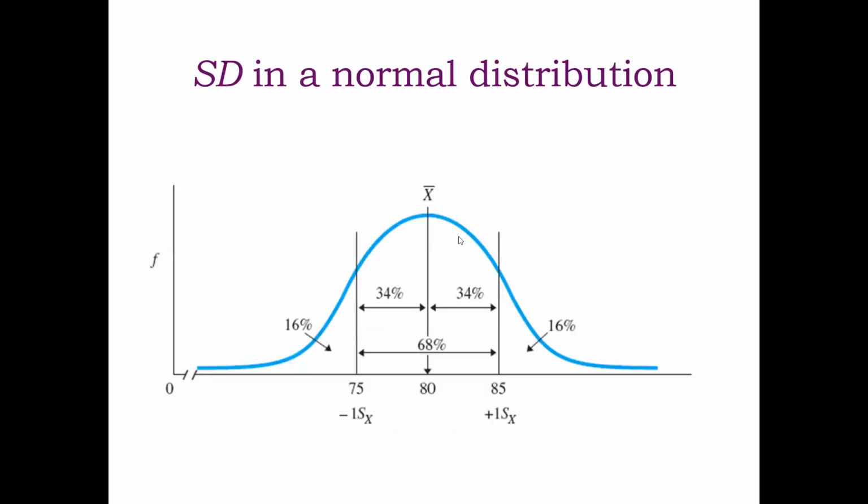So standard deviation in a normal distribution is about 1/6 of the spread. 68% of scores in a normal distribution will lie within 1 standard deviation of the mean, right? So here is -1 standard deviation, here's +1 standard deviation. So negative, positive, and 68% of the scores are going to lie right here within 1 standard deviation of the mean, from 1 standard deviation below to 1 standard deviation above.